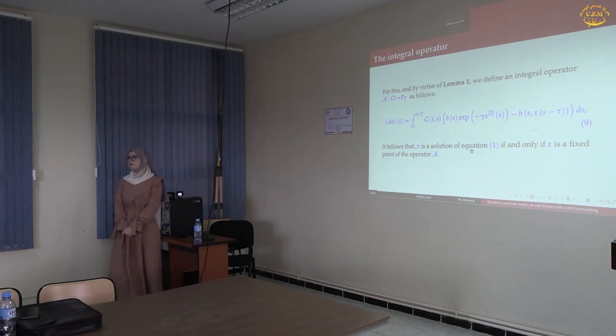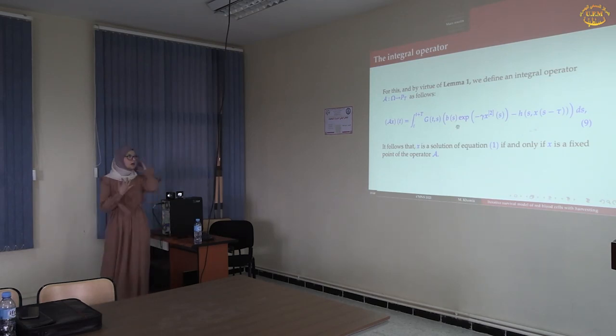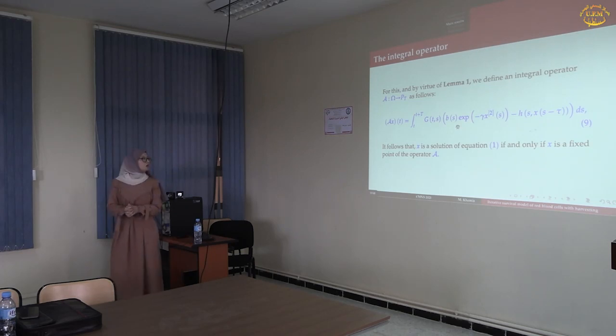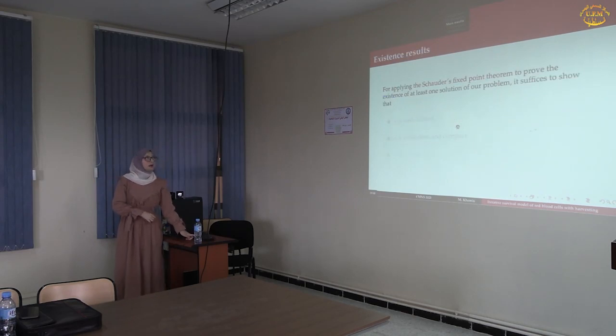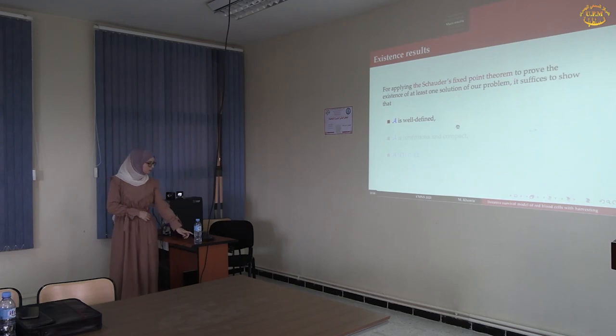For this aim, and by virtue of lemma 1, we define an integral operator A given by expression 9. It follows that x is a solution of equation 1 if and only if x is a fixed point of the integral operator A.